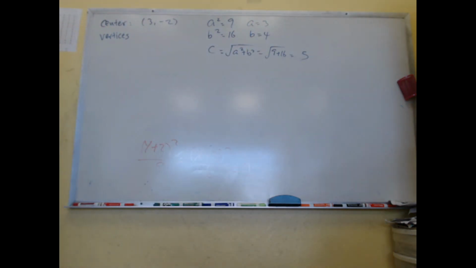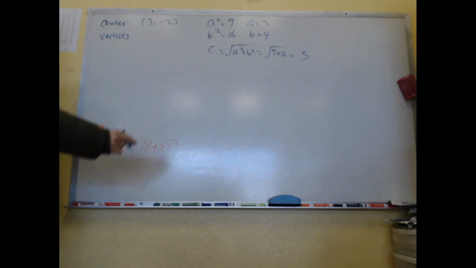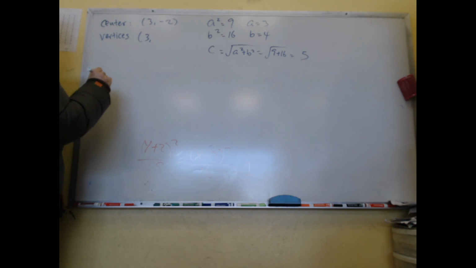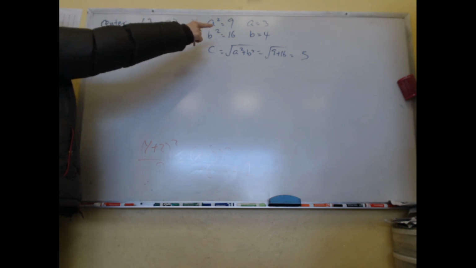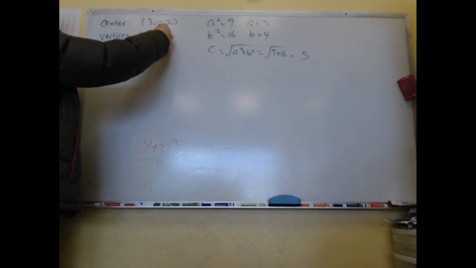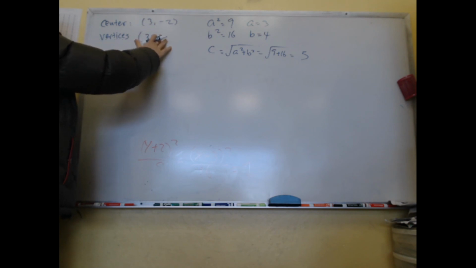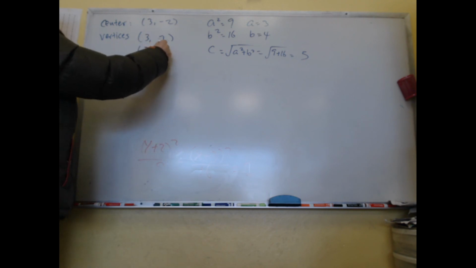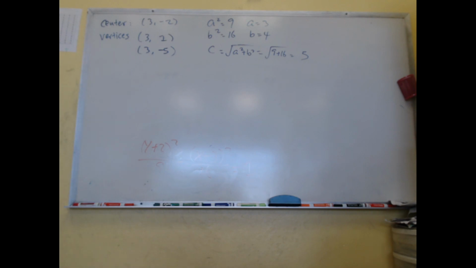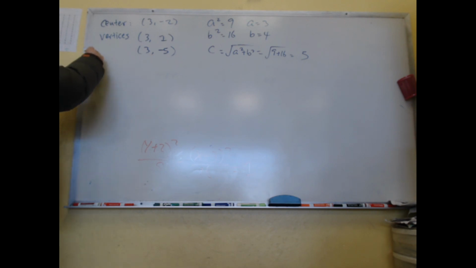Okay, so now, what are the vertices here? We do know that's a vertical hyperbola. So that means 3 comma negative 2 plus 3, which is 3 comma 1. And then 3 comma negative 2 minus 3, 3 comma negative 5. Those are the vertices.